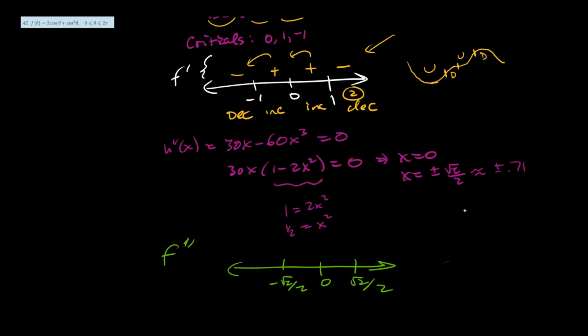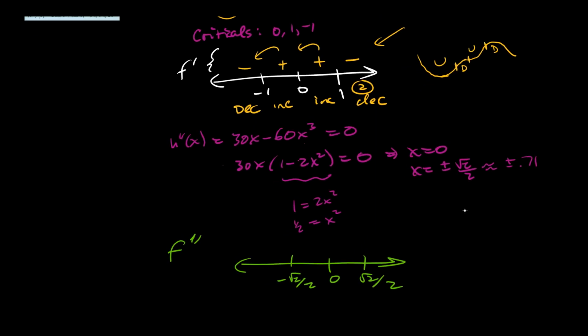So once again, I'm going to pick a test point. You can pick like 1 over here. Since this here is 0.71, you can pick 1 and you can pick -1. Now you can pick test points in these intervals here, but once again, you can use the odd and even properties of the zeros of the second derivative to determine that the sign will change every time.